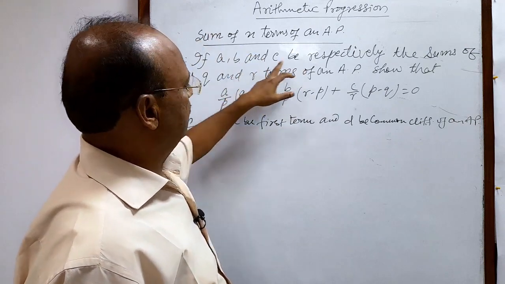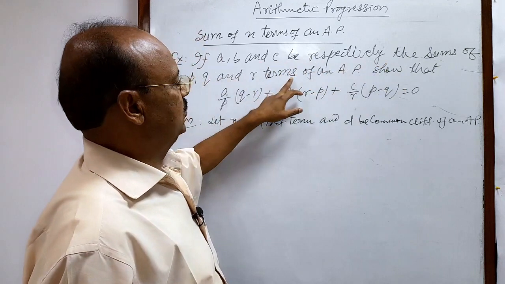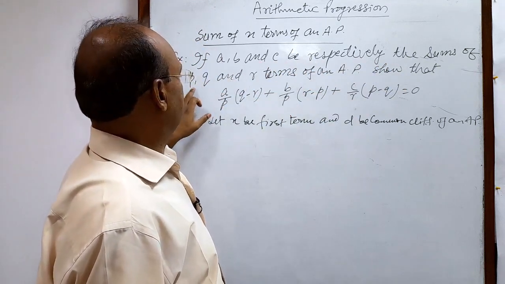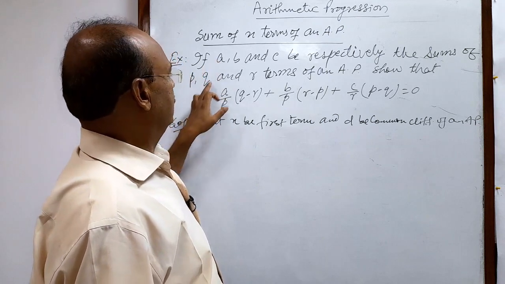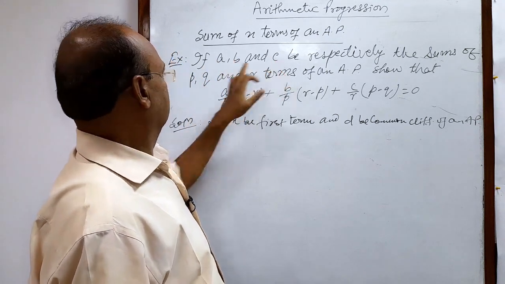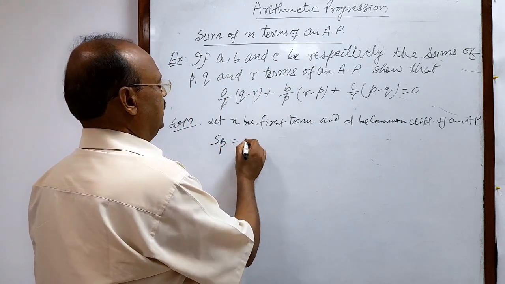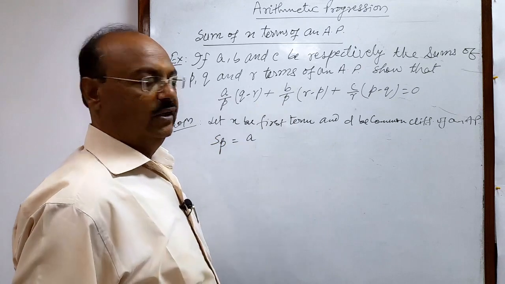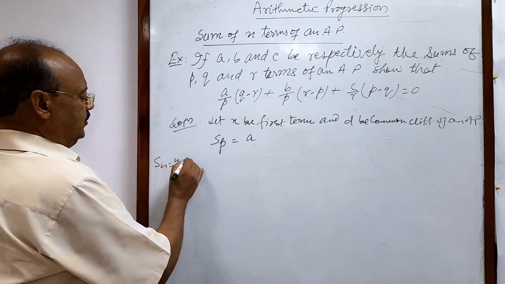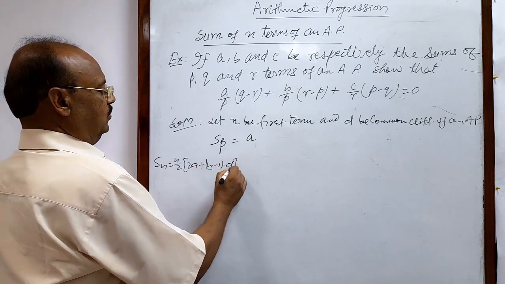So what is A? A, B and C are respectively the sums of the P, Q and R terms. So the sum of P terms is A, the sum of Q terms is B and the sum of R terms is C. So the sum of P terms means SP, and SP is A. We know the formula Sn is equal to n by 2 into (2a plus (n minus 1) into D).